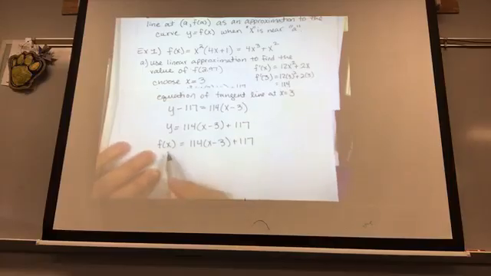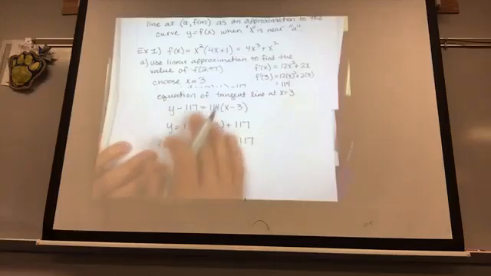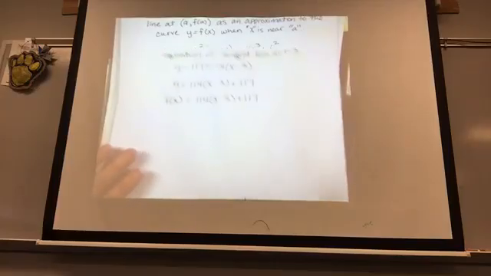So if I plug in 2.97, that's going to give me an approximation of where the tangent line for f of 2.97 is. And we'll look at the graph to help tie this all back together.